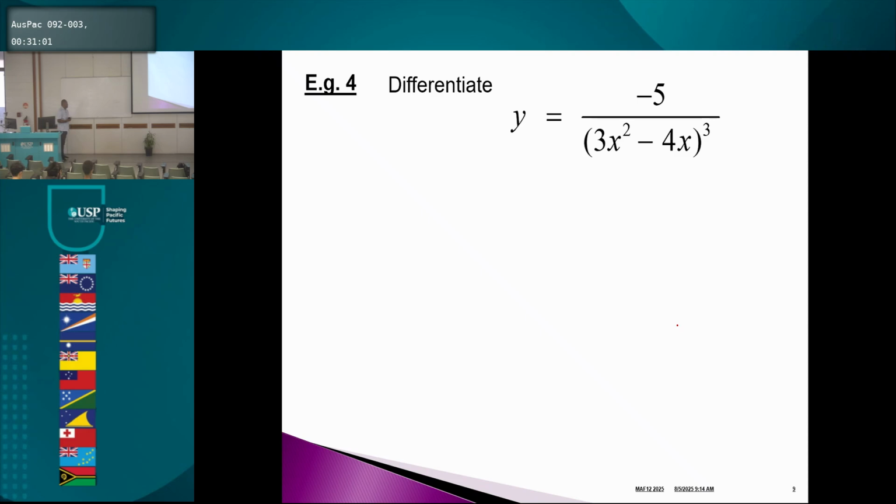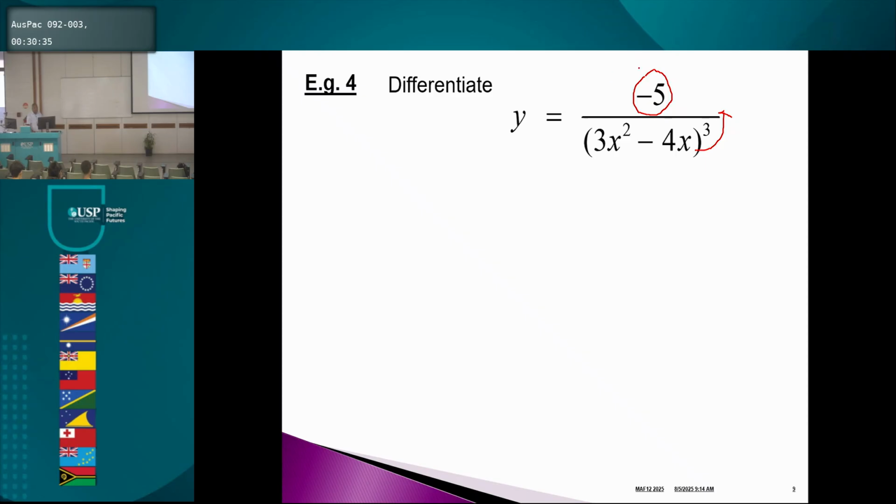This looks like a use of quotient rule because we are dividing. The suggestion is, if there's just a number on the numerator, do not use quotient rule. You might as well move this up to the numerator.